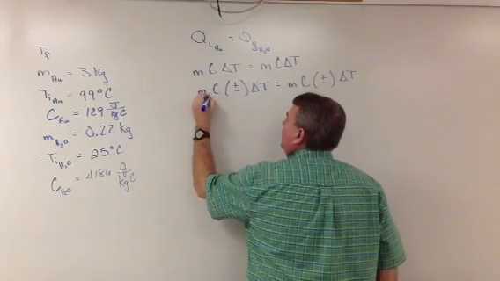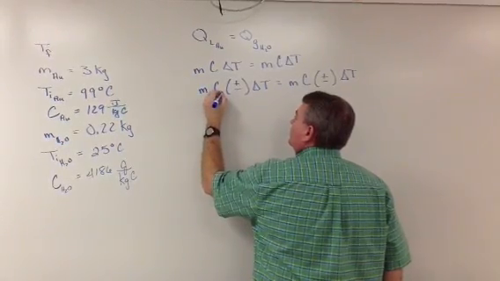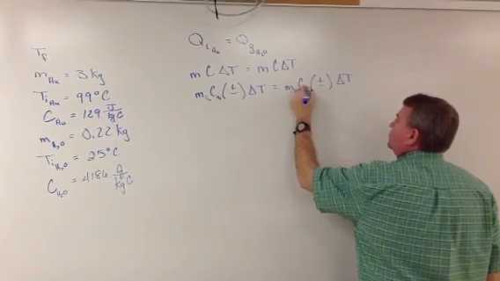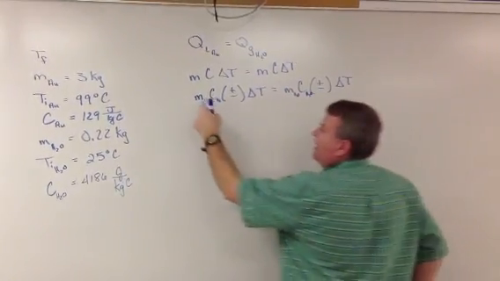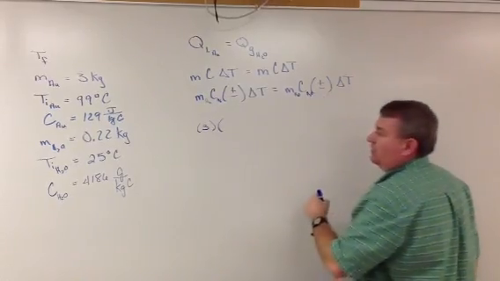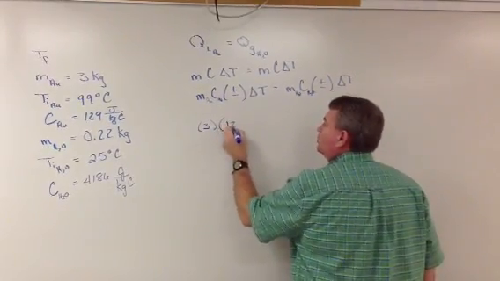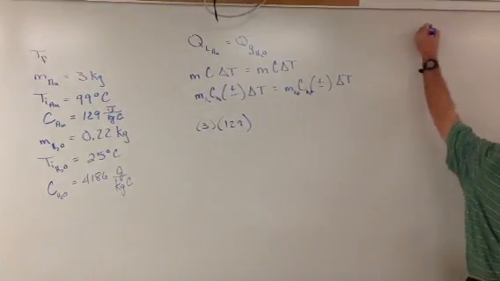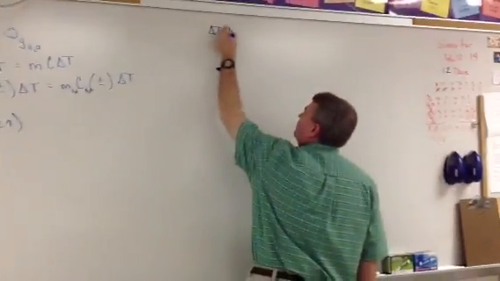Let me just go ahead and write mass of Au, Au there, H2O, H2O. Okay, the mass of gold is 3 kilograms. The specific heat for gold is 129. And now I have to think about the change in temperature. On the side, I'll write delta T for gold.